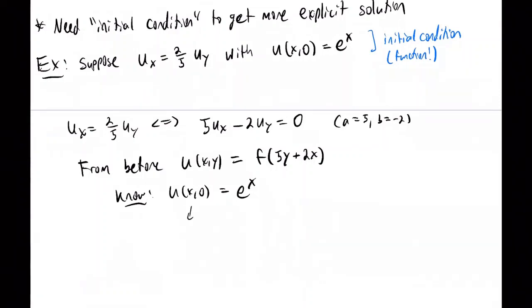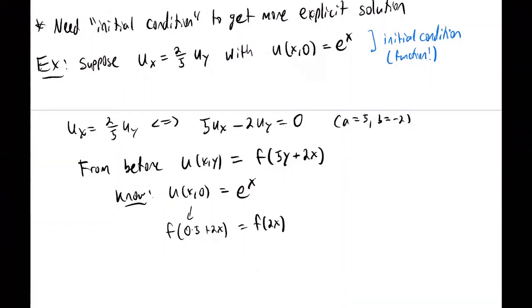This is equal to f of 5y plus 2x, and I'm setting y equals 0, so this is f of 0 times 5 plus 2x, which is equal to f of 2x.